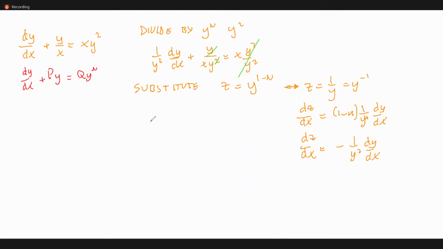So we find with these two substitutions, dz/dx plus z over x is equal to x.